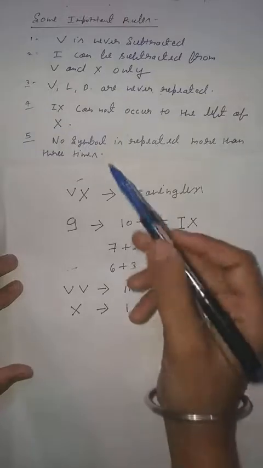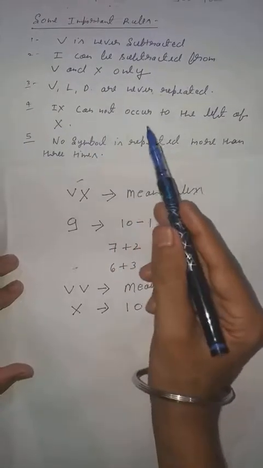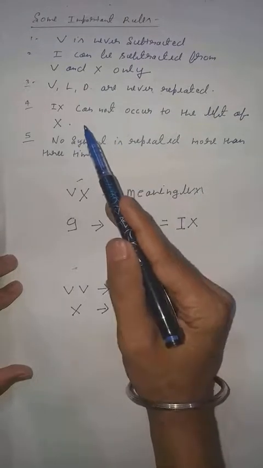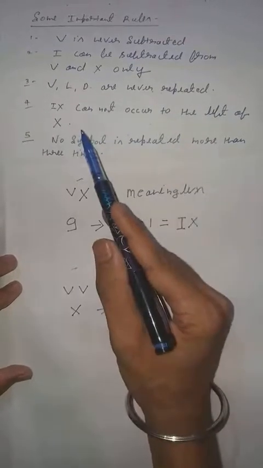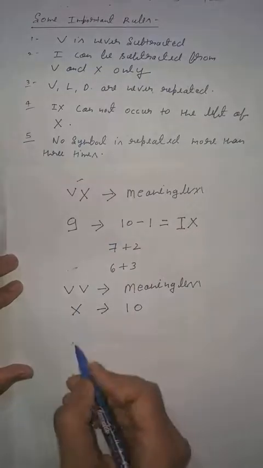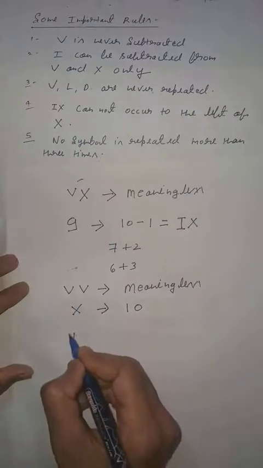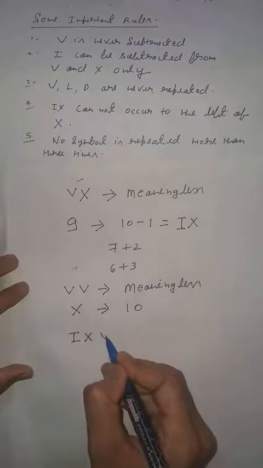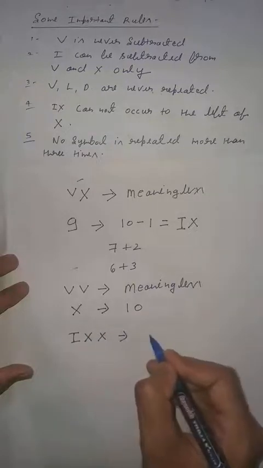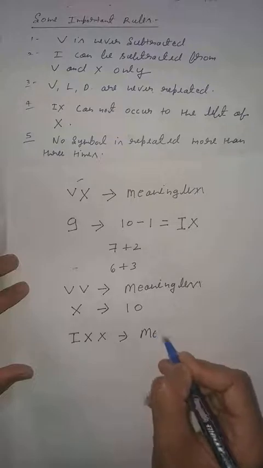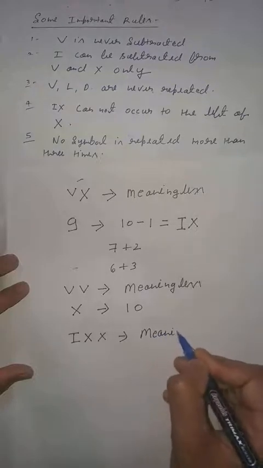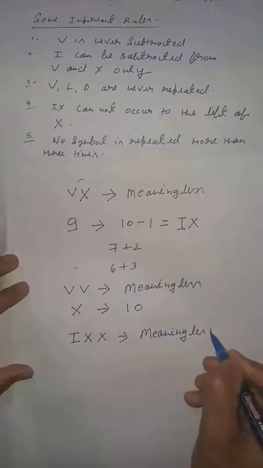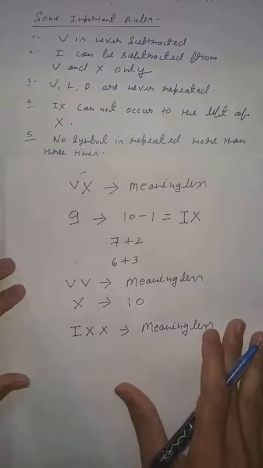Now, I and x cannot occur to the left of x. Clear? Fourth rule is I and x cannot occur to the left of x. It means if you write I, x and x, this is also meaningless. Clear? Clear to everyone?